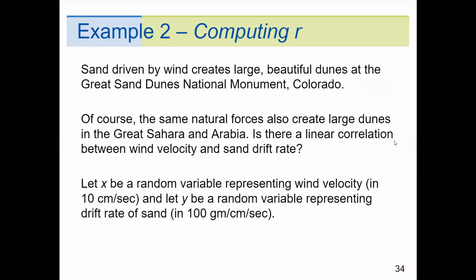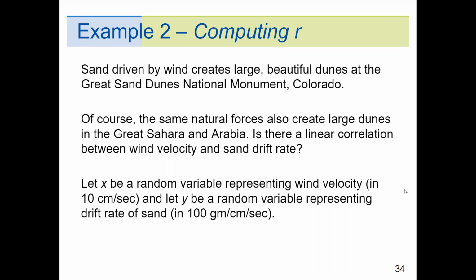All right. Here's our example. Sand driven by wind creates large, beautiful dunes at the Great Sand Dunes National Monument in Colorado. Of course, the same natural forces also create large dunes in the Great Sahara and Arabia. Is there a linear correlation between the wind velocity and sand drift rate?